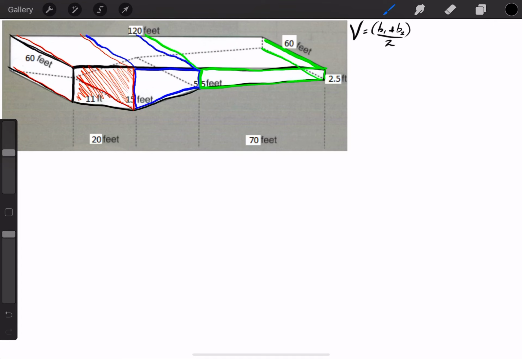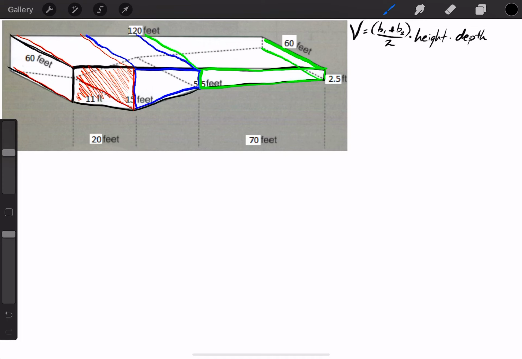So we're basically saying, okay, the shape's got uneven sides. We'd really like them to be even, so we're just going to find the average of the two. Then we can treat this like a rectangle and multiply that number by the height, which technically is the perpendicular distance between the two bases. And then at the very end, as our last step, we're going to multiply that by the depth.